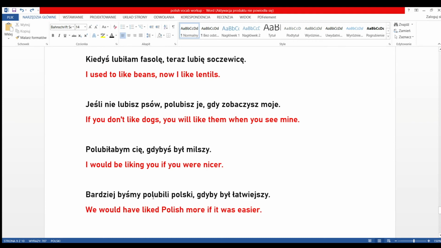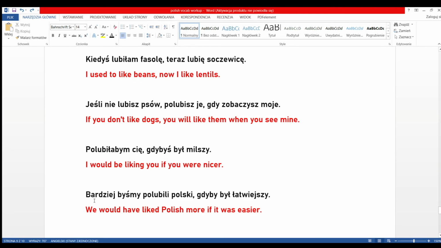So once you know how to write it all glued together, for example, like in here, polubiłabym, you can just separate this. You just remove the bym and put it before polubiła, for example. But here it would sound weird if you would say in this example, bym polubiła cię. It would sound really weird, so you cannot invert it here.